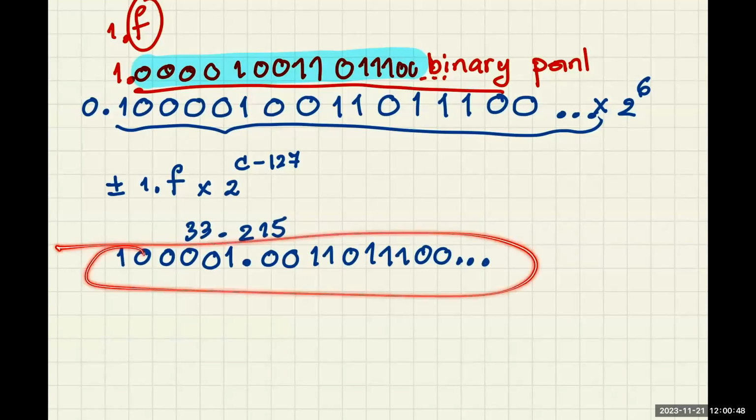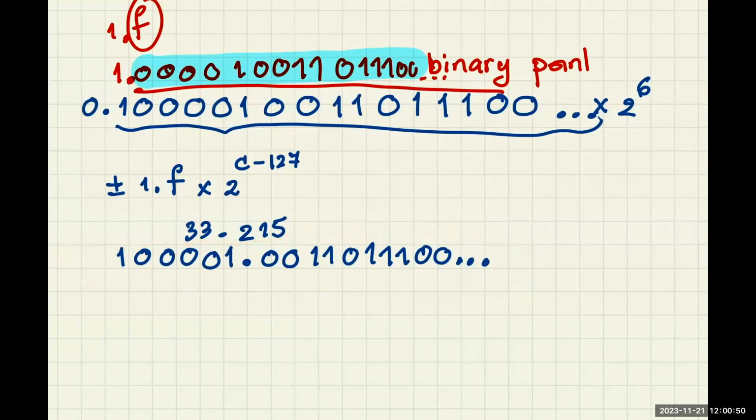Now, if I want to write this in terms of the IEEE 32-bit notation, I will move the point only to just after the first 1. I will not move all the way in front of the 1 because I know the first one must be 1 already.